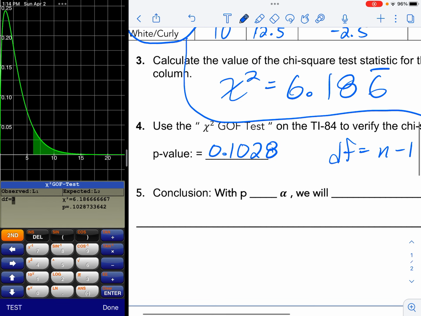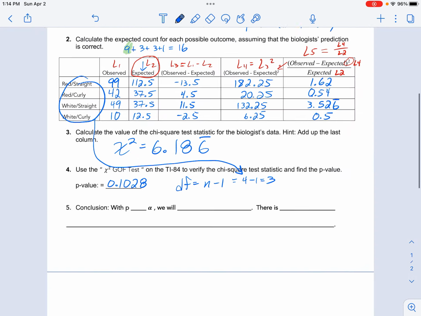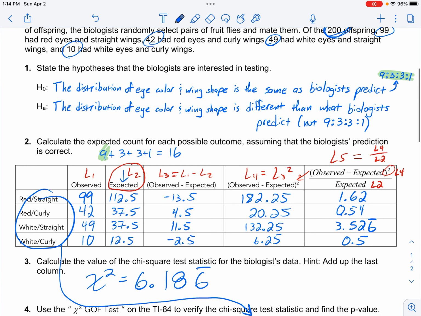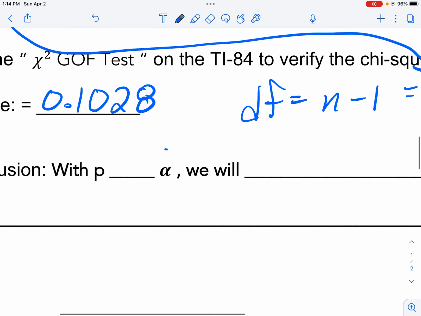Okay. So what we are testing is how well does our data fit this ratio, this breakdown of 9 of this type, 3 of this type, 3 of this type, and 1 of the last type? Well, we found out that the p-value is about 10%. It never gave me an alpha, so I guess I should throw out in there that we'll do 0.05.